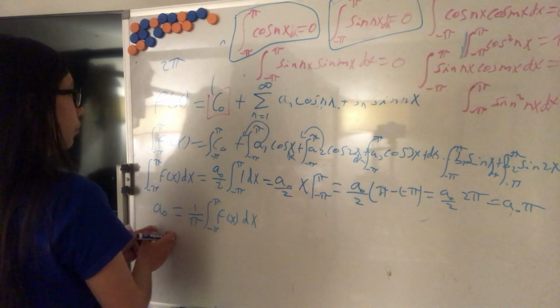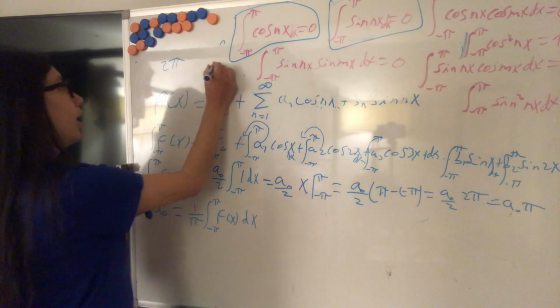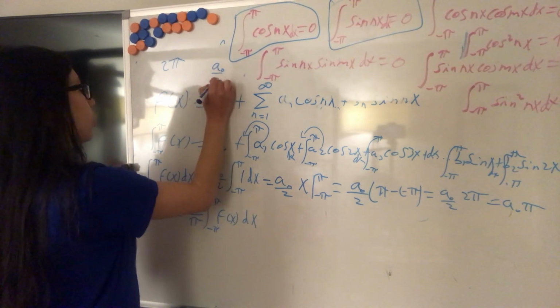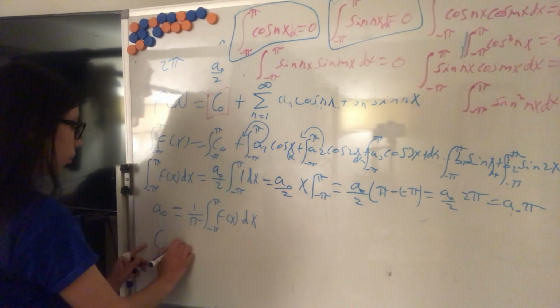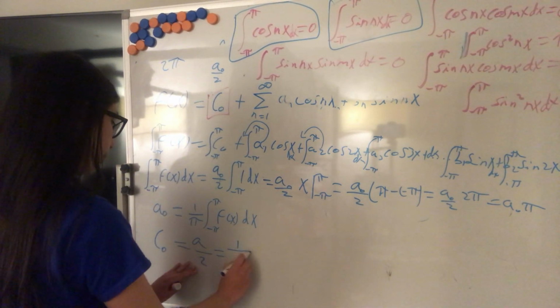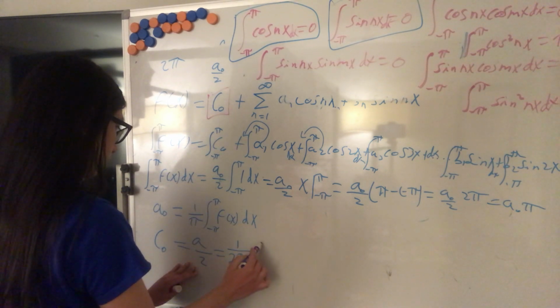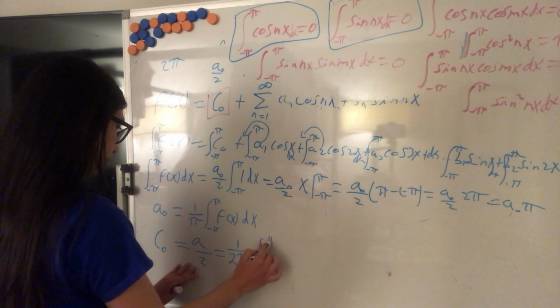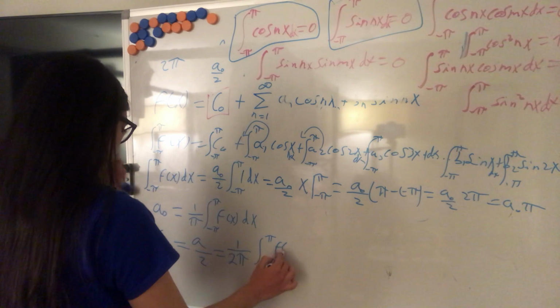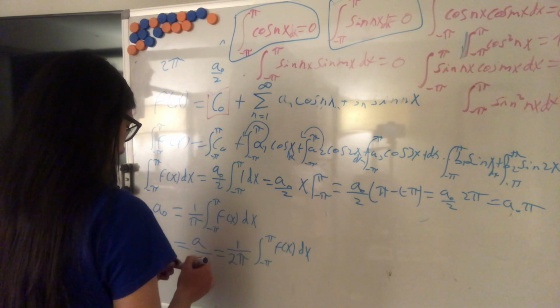This is a sub naught, but c sub naught is a sub naught divided by 2. So my c sub naught would be 1 over 2 pi times the integral from minus pi to pi of f(x) dx.